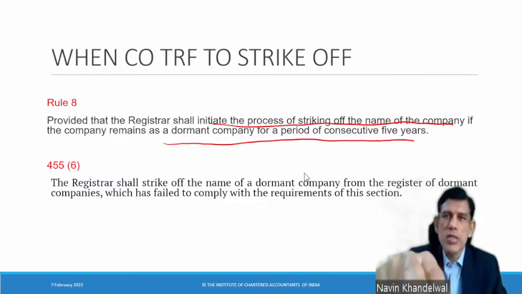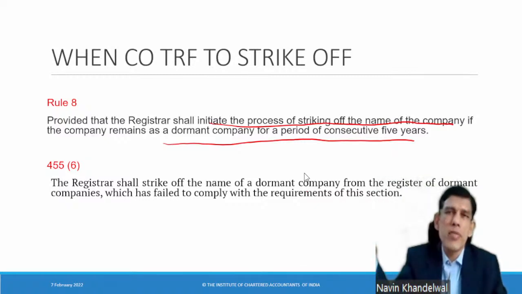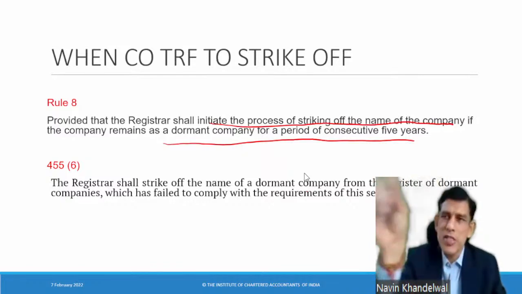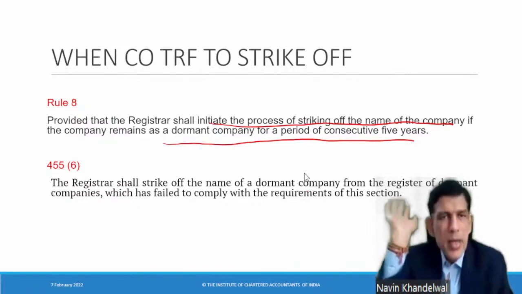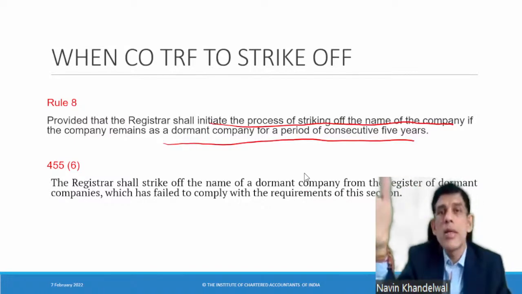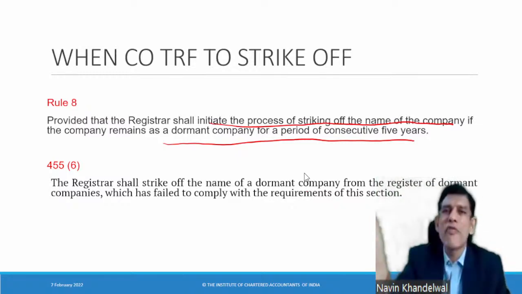And then further, the registrar can transfer your company's name from dormant to strike off under situation 1 and situation 2, 5 years or not complying with the requirement of this section. This could be the possible extreme question by linking 248 and 455.